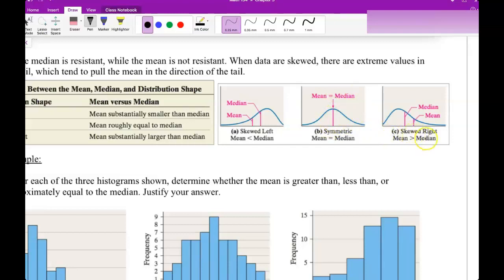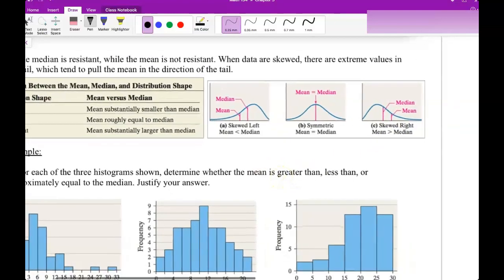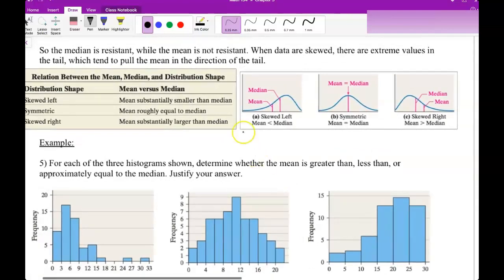And when it's skewed right, this is the average, and now mean is greater than median. So you only need to remember these: this one for skewed left, this one for skewed right, and this is obviously equal.